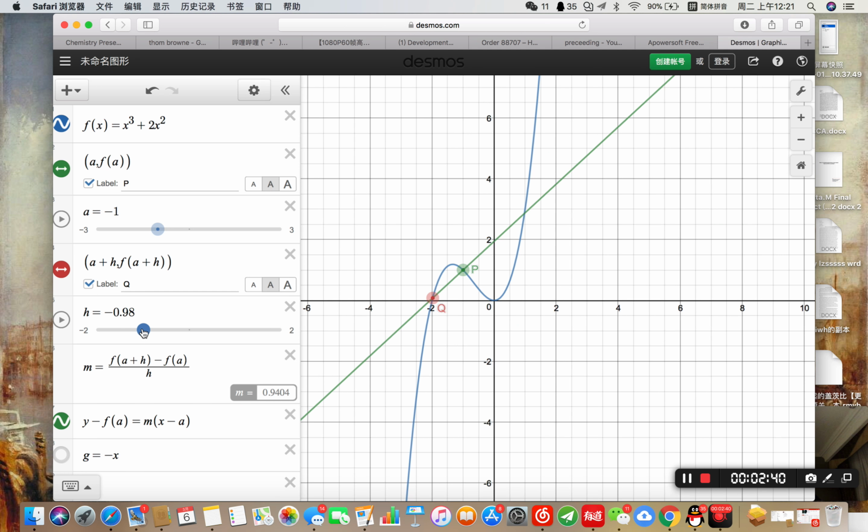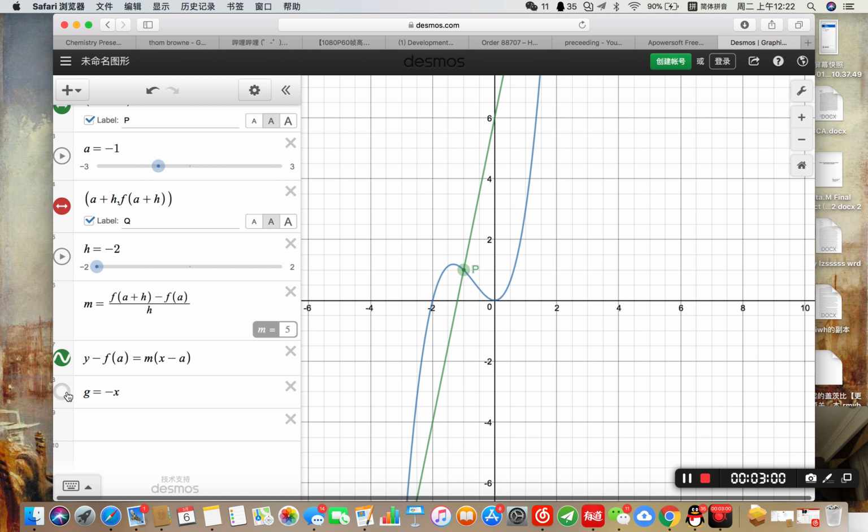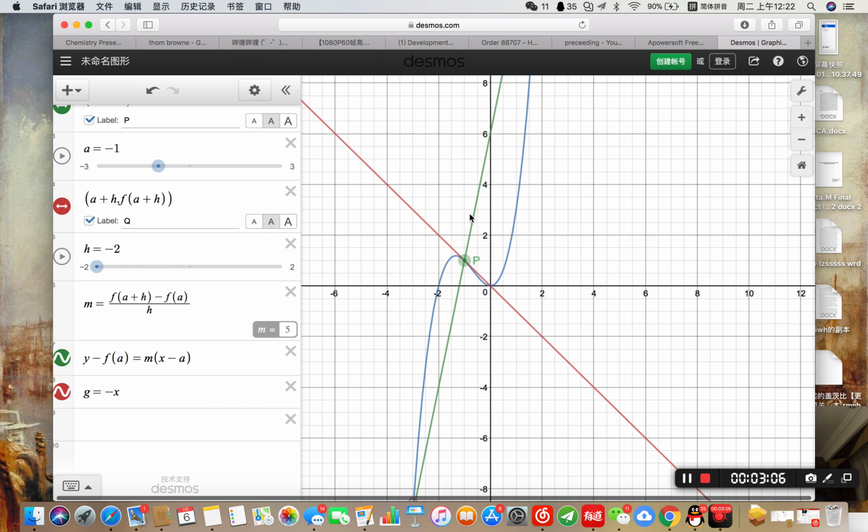So h is approaching 0 from the negative side, like from -2 to 0. It moves this way. And now we have the actual tangent line at the P point. It's the red line.